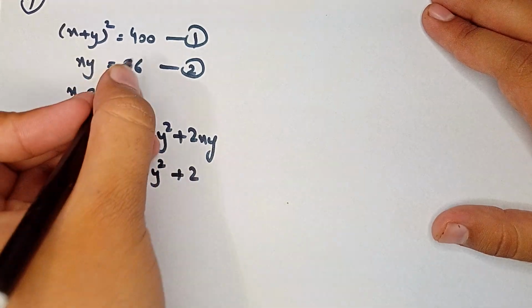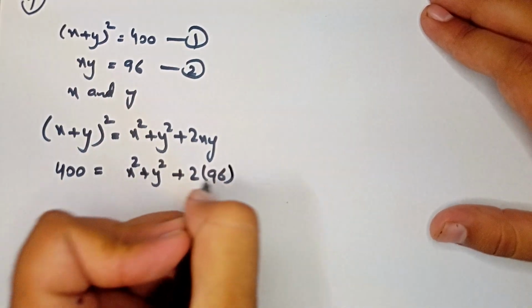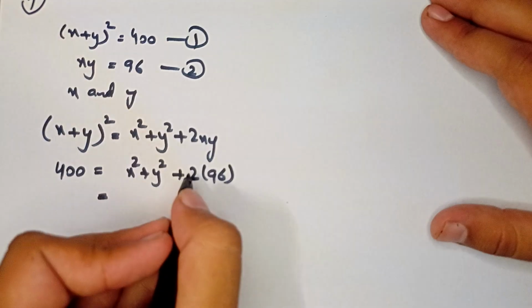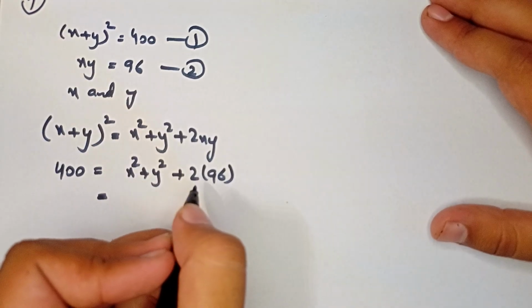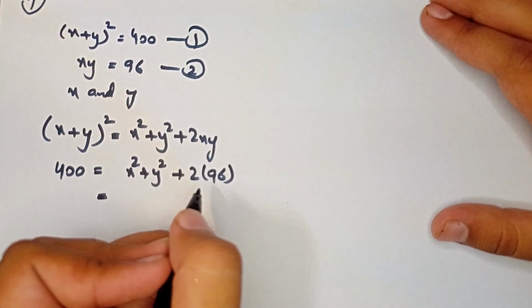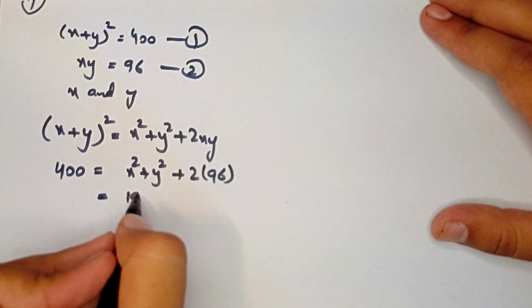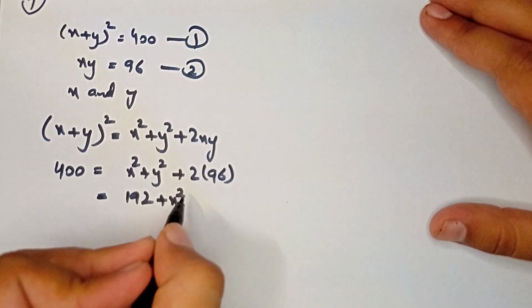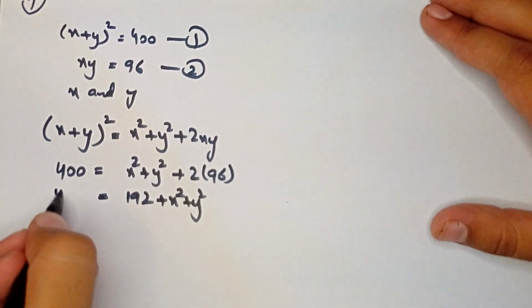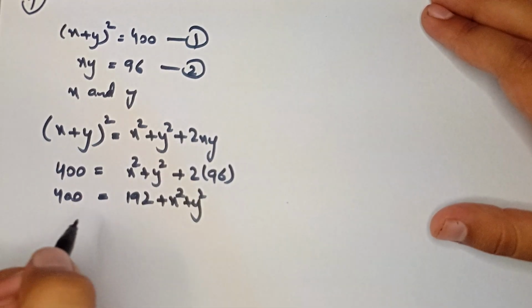And xy should be 96, so it should be multiplied by 2. After multiplying 2 by 96, that is 192, plus x² + y², and this is 400 as it is.